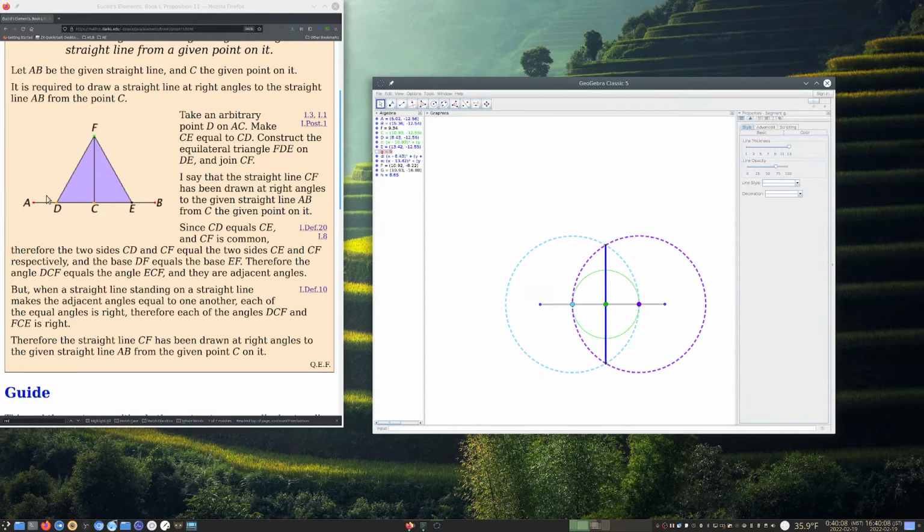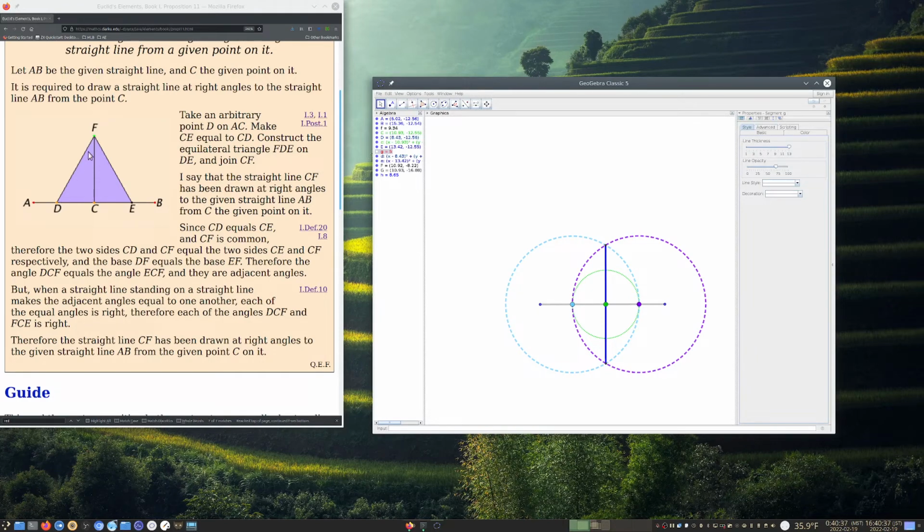Right, because of the equilateral triangle construction. So that's part of the argument, but not part of the construction.